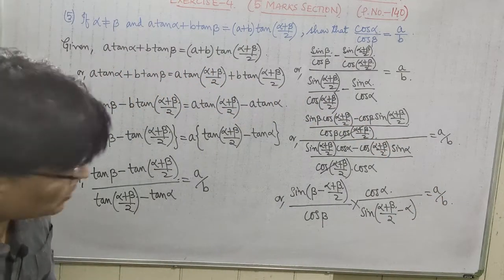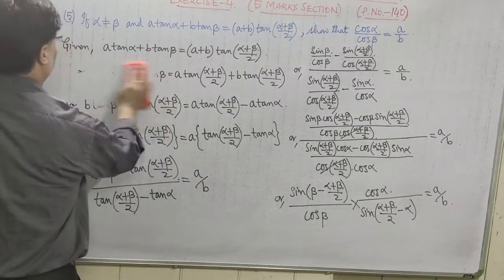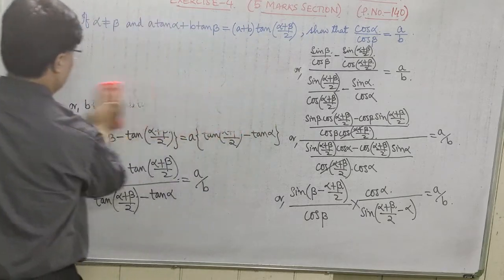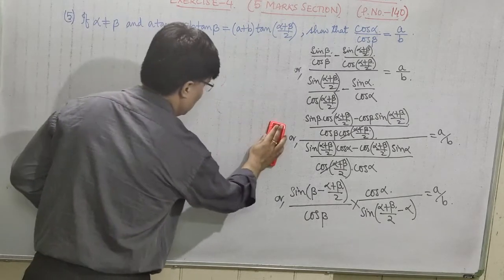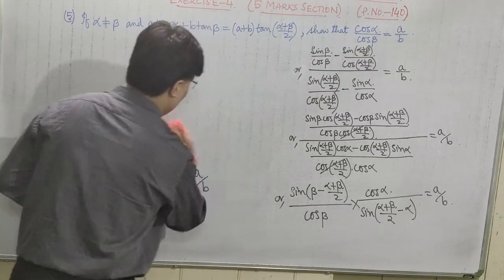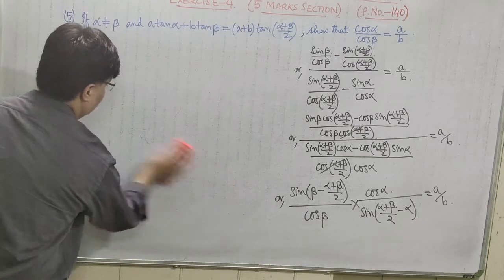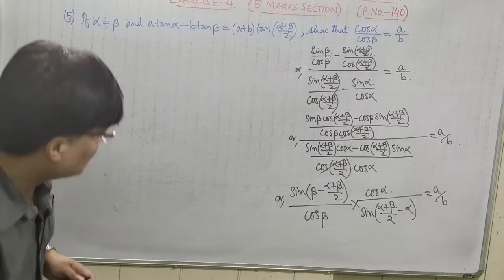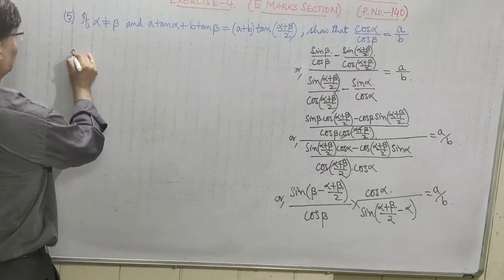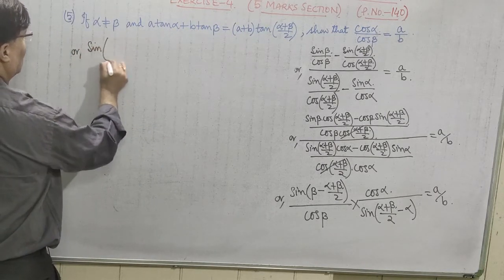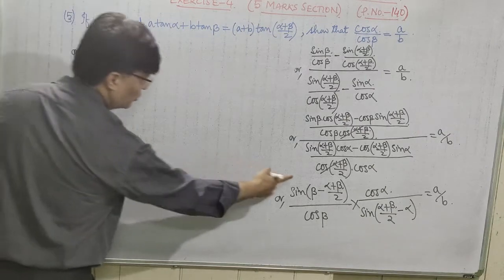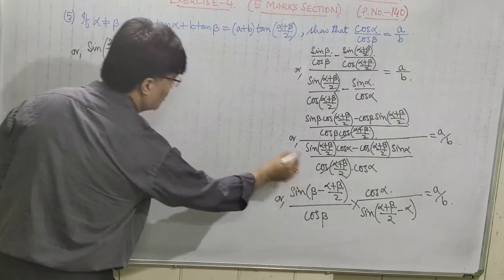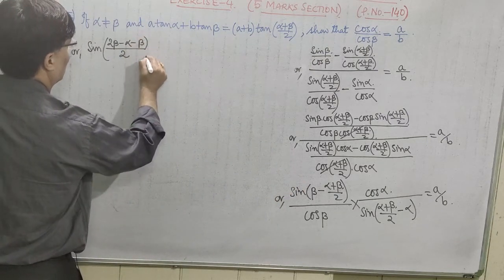Is that clear now? So let us simplify it again. What do we get in the next step? Sine of, within the bracket, the LCM is 2. So 2 beta minus alpha minus beta, right?